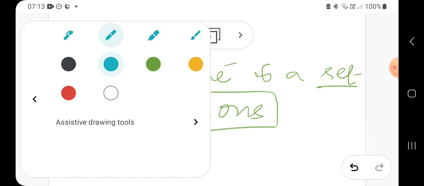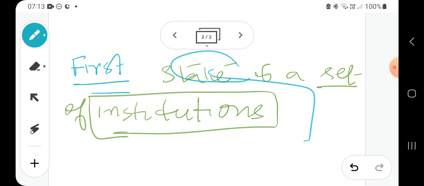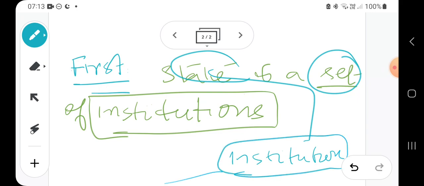In that sense, we can say that state itself is a set of institutions. It means state is an institution in that sense itself, where this institution is constituted by a set of institutions.